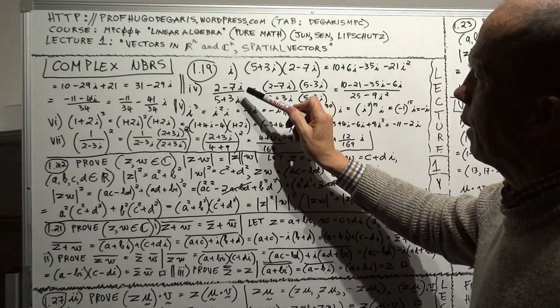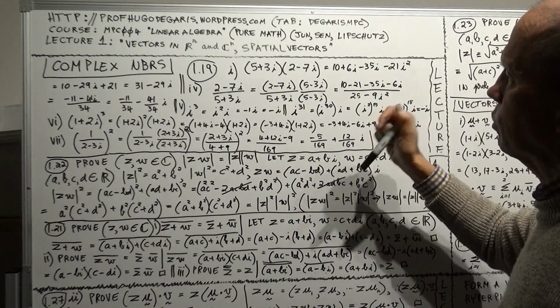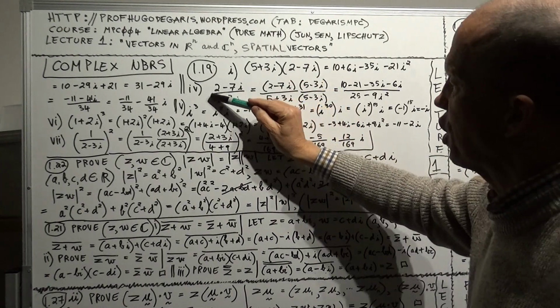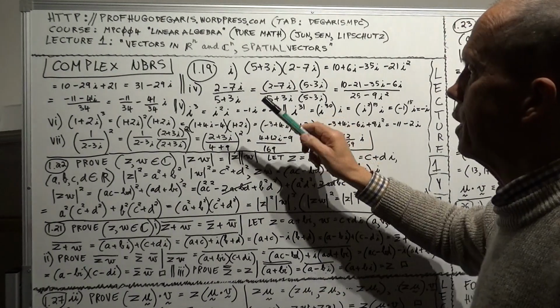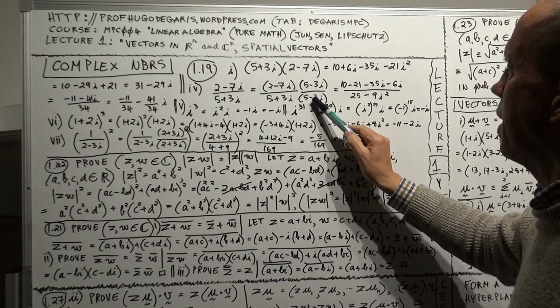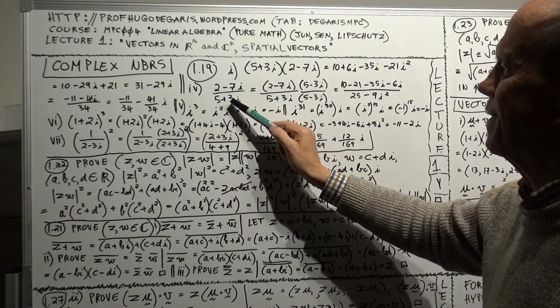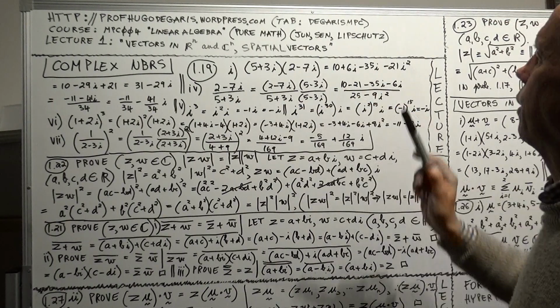So the standard trick, when you have a complex number in the denominator, you multiply top and bottom by the conjugate of the denominator. And remember, the conjugate just means that you switch the i to minus i. So the conjugate of this is 5 minus 3i, and you multiply that conjugate above and below.